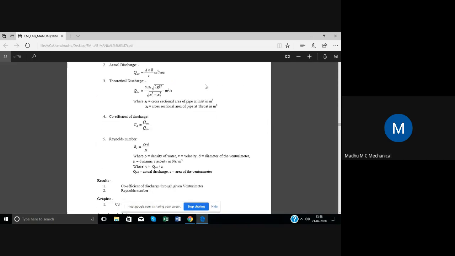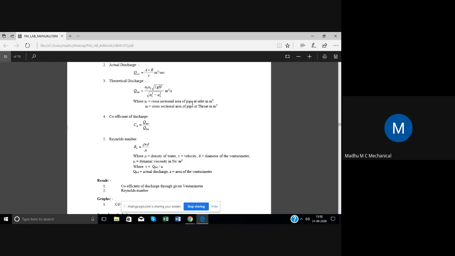Then actual discharge Q is equal to A into R by T. A is the area of the tank, 0.12 meter square, R is the rise in water level, 10 centimeter or 0.1 meter, divided by time. You would have noted down the time using the stopwatch.